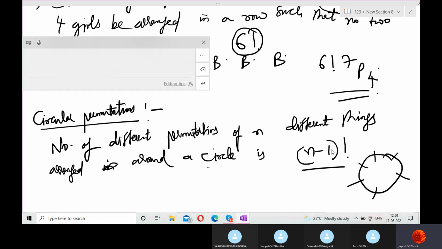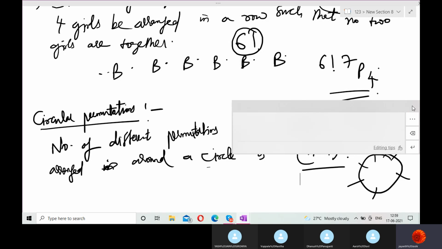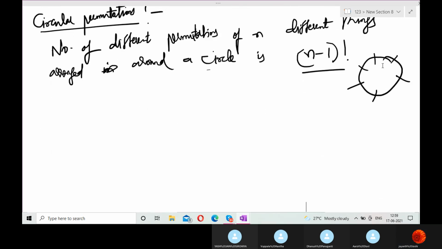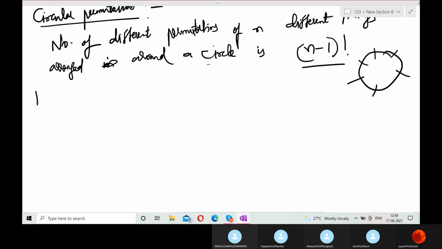Now, in this a small concept. Either you can arrange clockwise or you can arrange in anti-clockwise way.